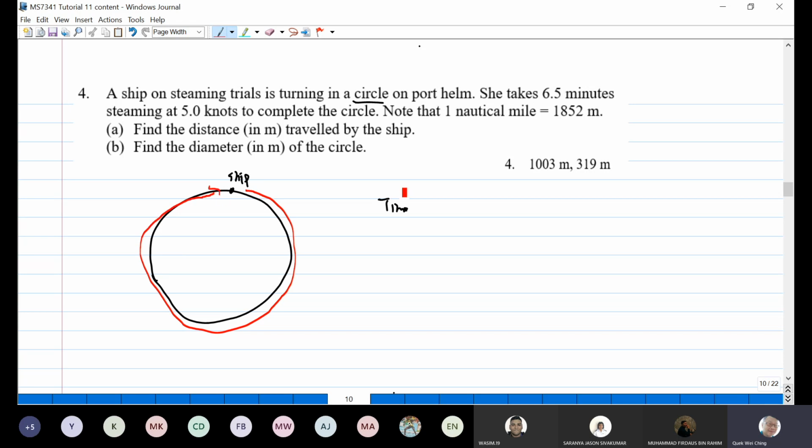The time taken is 6.5 minutes. And how fast does it move? The speed. It moves at a constant speed here of 5 knots.